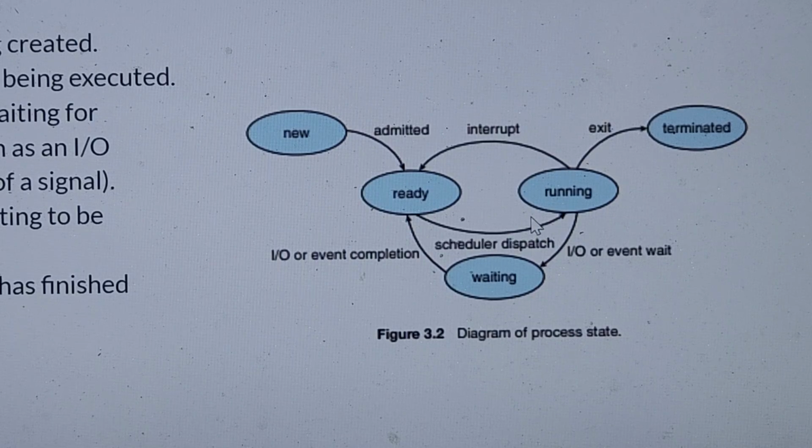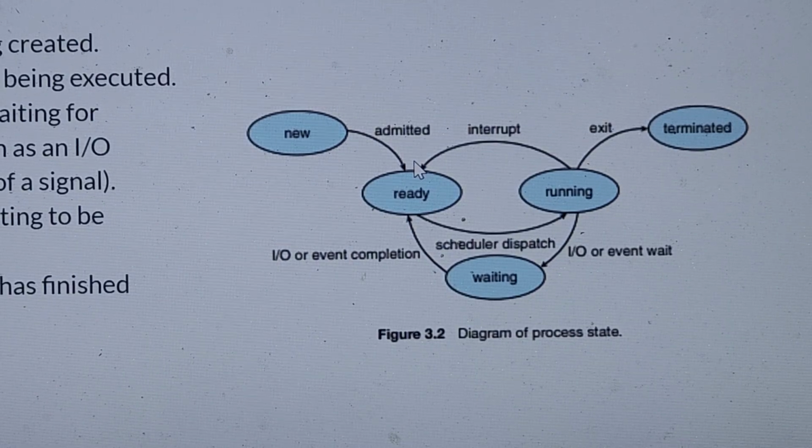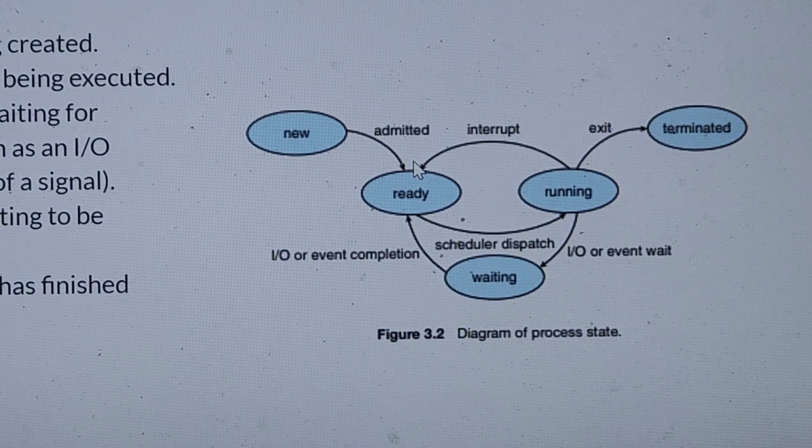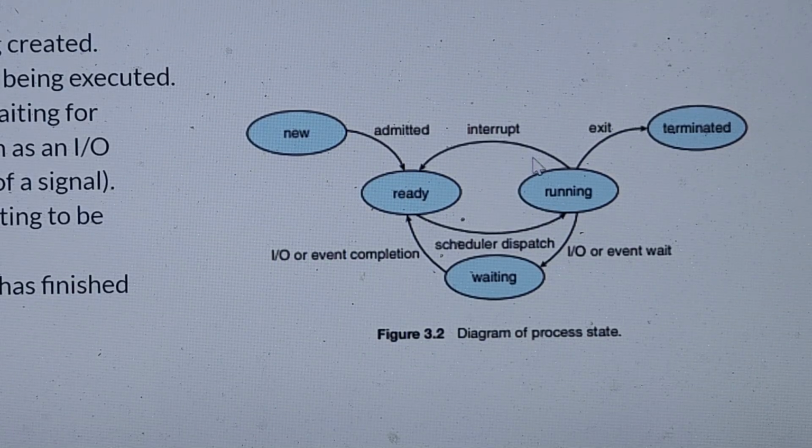Then once the scheduling happens, scheduler dispatch again means the OS is going to take the process and allocate it to one of the CPUs and ask the CPU to start working. Once that is done, it is in the running state. Once it is in the running state, it is running, and then supposing while the process is running, you realize that some input output is required, or some other sort of dependency has been realized.